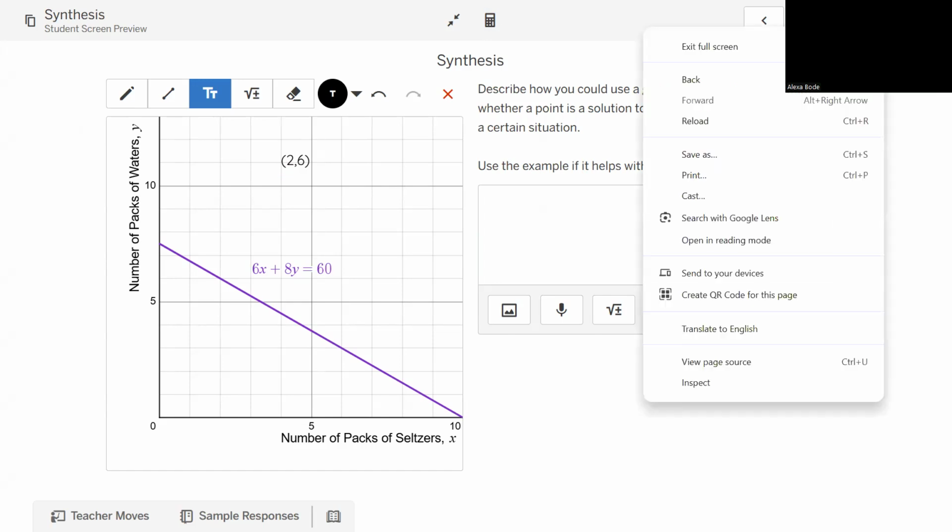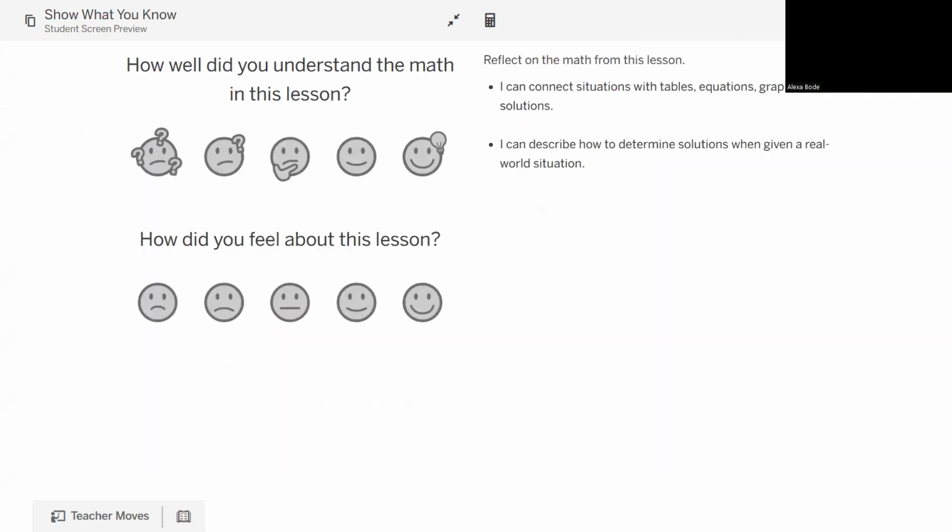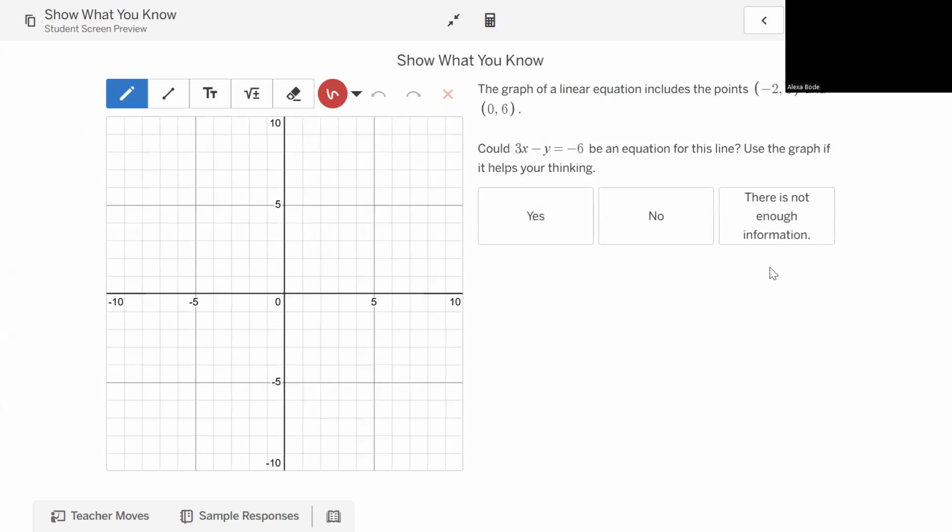And then I don't think you guys have this problem on your worksheet, so go ahead and answer it in the Nearpod. The graph of a linear equation includes the points negative 2 comma 0 and 0, 6. Could this equation be an equation for this line? Use the graph if it helps your thinking.